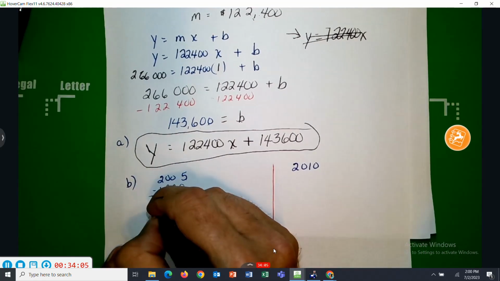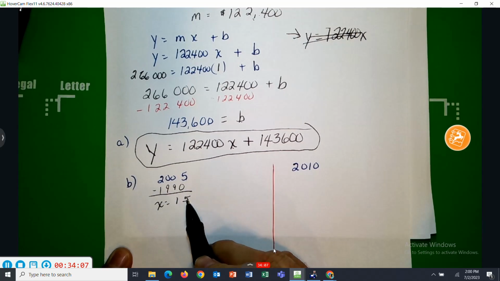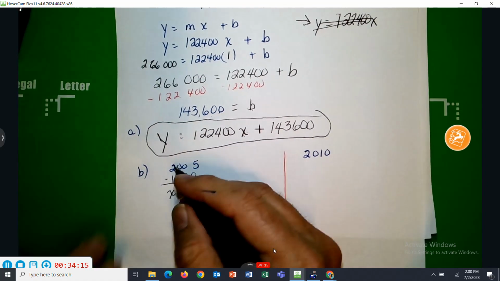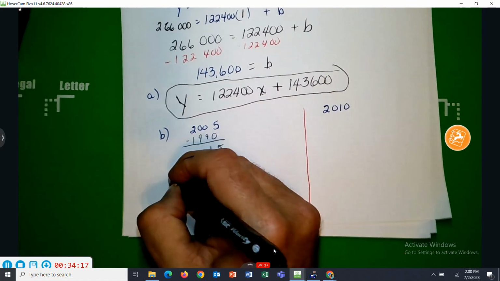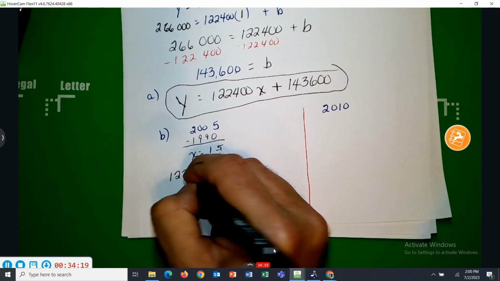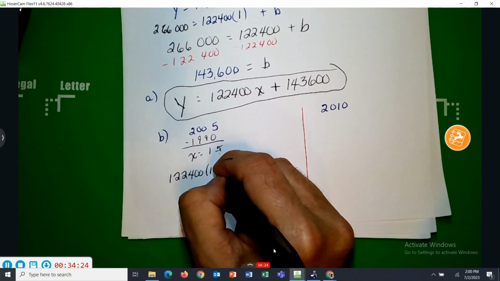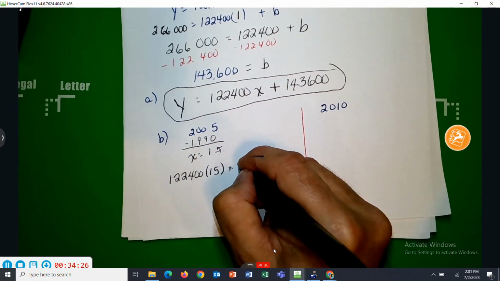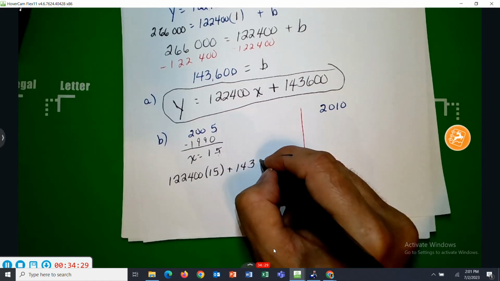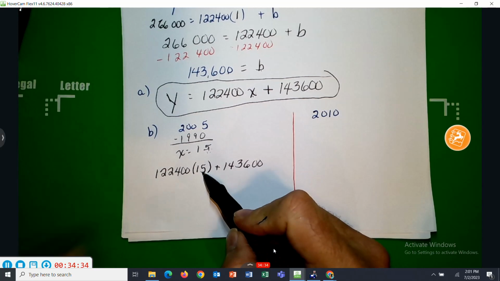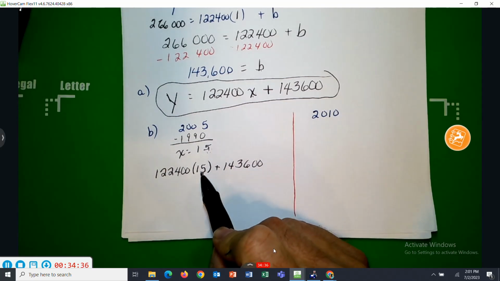So X would be 15. It's 15 years since 1990. So I'm going to plug in to my calculator 122,400 times 15 plus 143,600. So in 2005, it's 15 years after 1990.